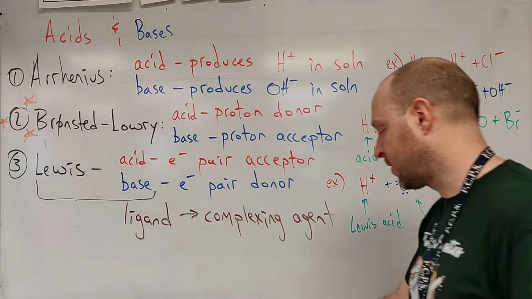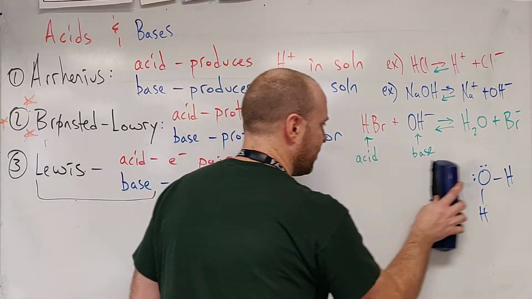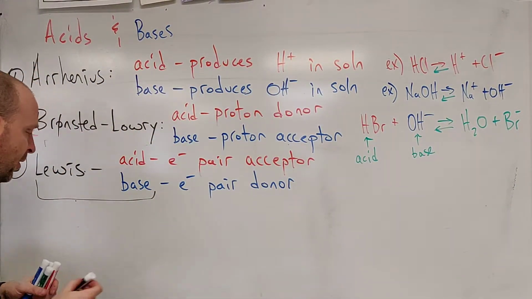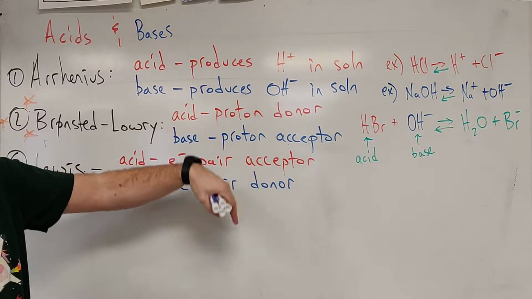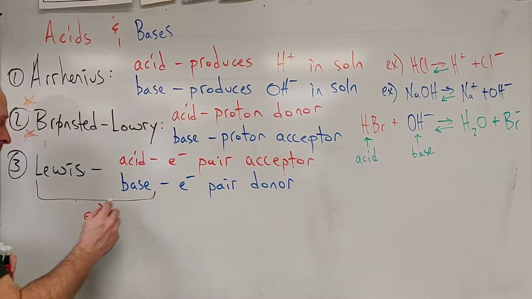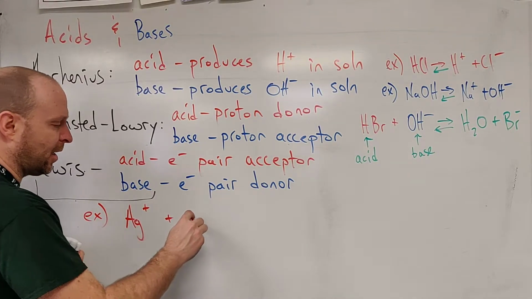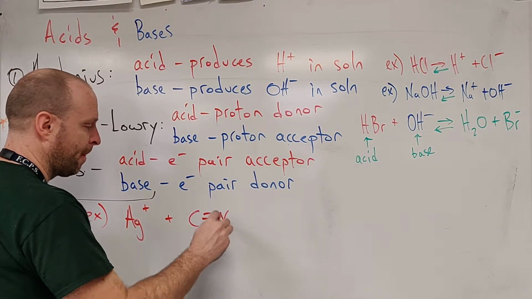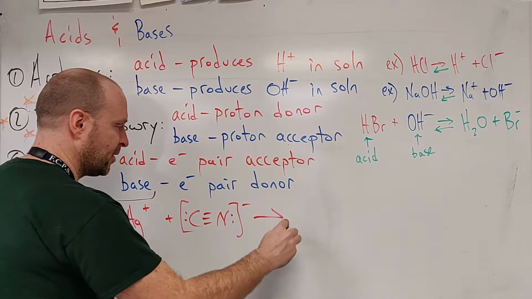But let's look at something that's a little more complicated and maybe a little less obvious. And I'm going to try and budget my space so that this works out. It turns out that something for Lewis acids that doesn't apply here are things like metal ions. So for instance, you could have something like silver, Ag+, plus maybe the cyanide polyatomic ion, and we'll ignore any Lewis structure controversies there.